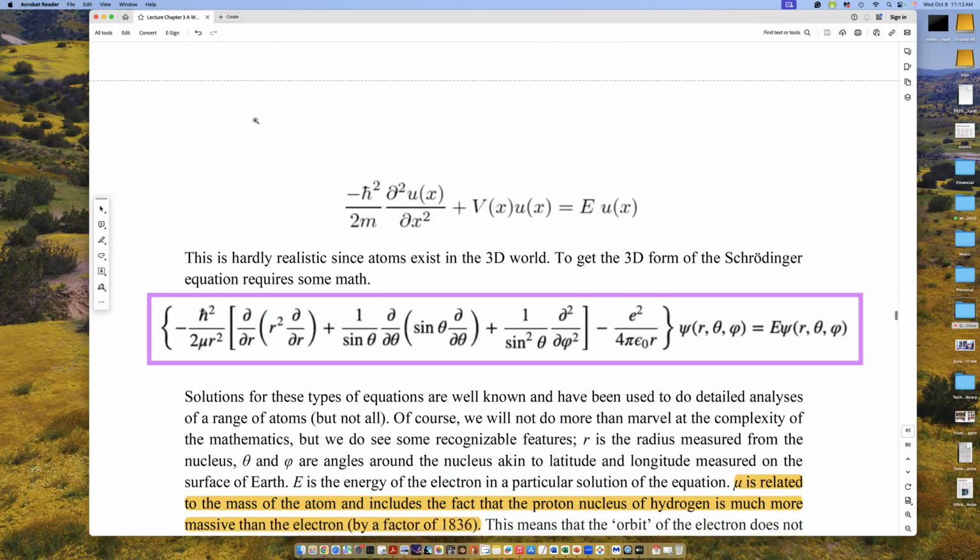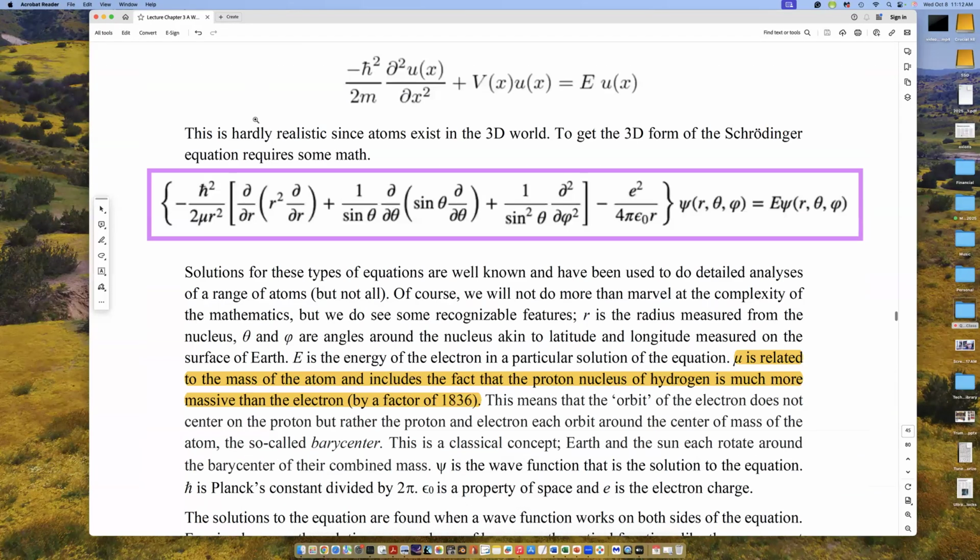Now, to do that requires that we work in 3 dimensions. So again, here's the Schrodinger equation in 3 dimensions, and it's a lot more complicated, except if you look closely, it's got the same key parameters. There's Planck's constant that was found in 1900, the mass, and the rest of this is just mathematical tools.